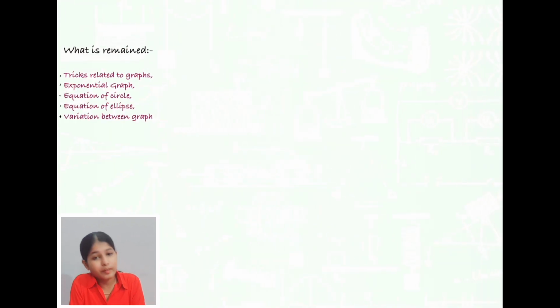As I told you, our series will complete in 4 parts, but even after that, vectors will remain. Don't worry about vectors, we are going to complete them. For basic maths, we will complete in 4 parts. In the first part we completed trigonometry related topics.